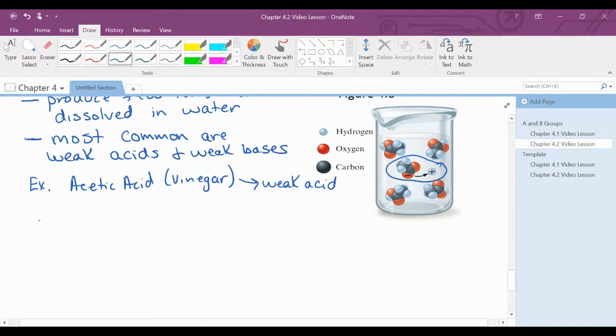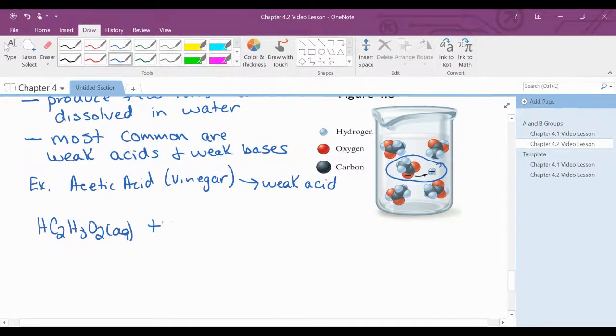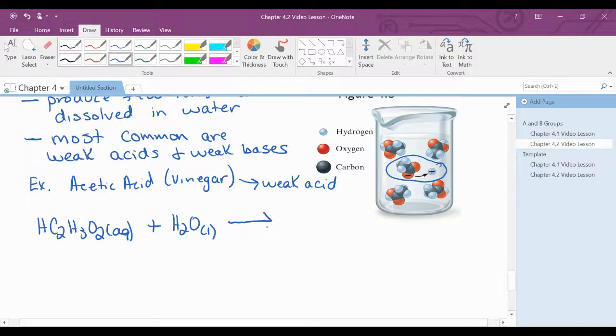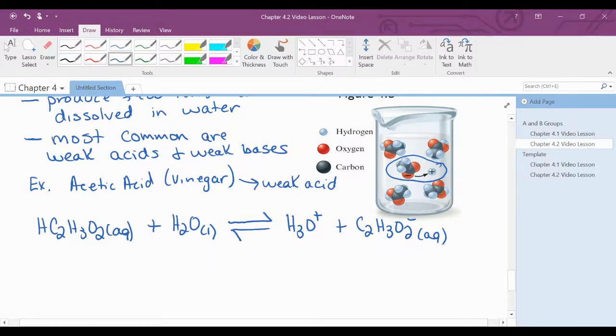So if I write this equation, acetic acid plus water, and this reaction does not completely form, so we have a double arrow, so it can go forward or reverse, produces hydronium ions in solution, and it produces acetate ions in solution, but it's not complete. It's only a slight ionization.